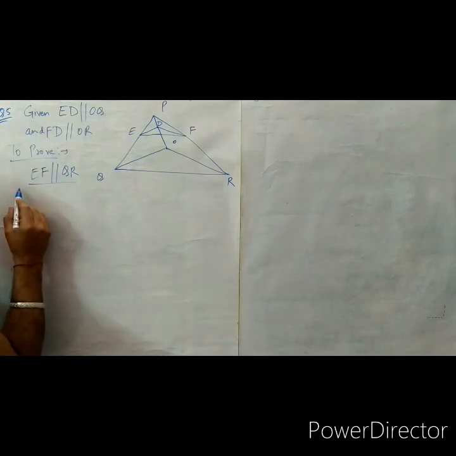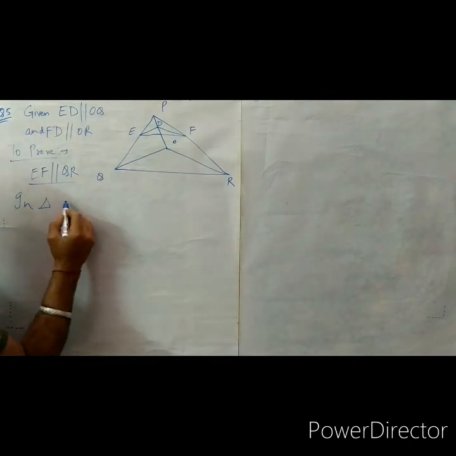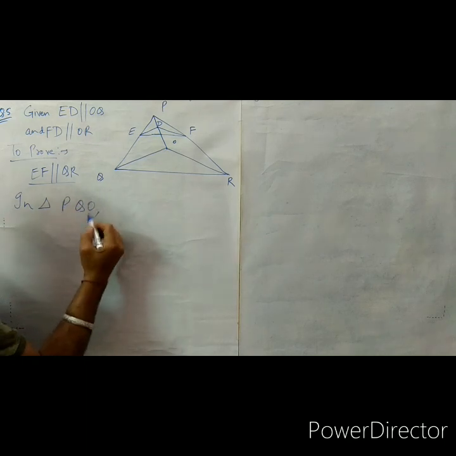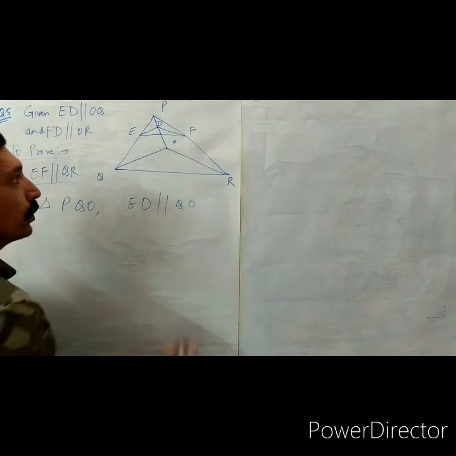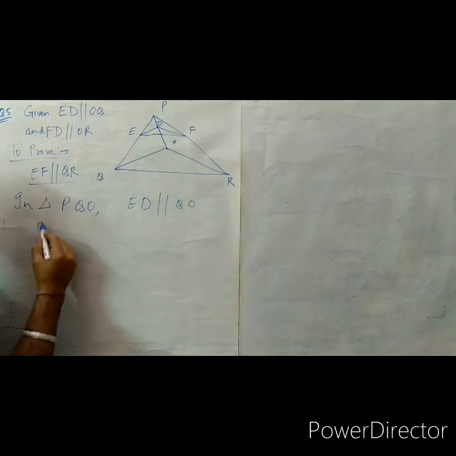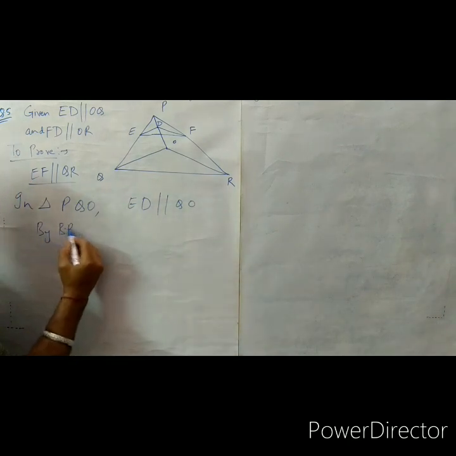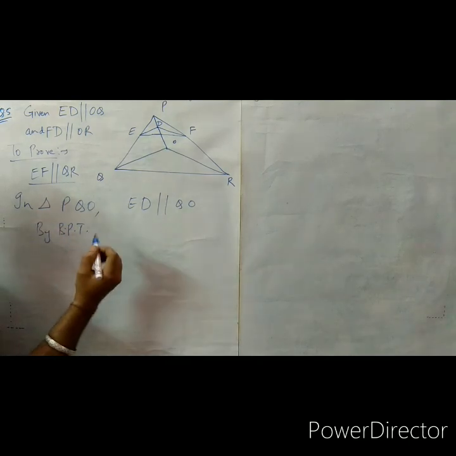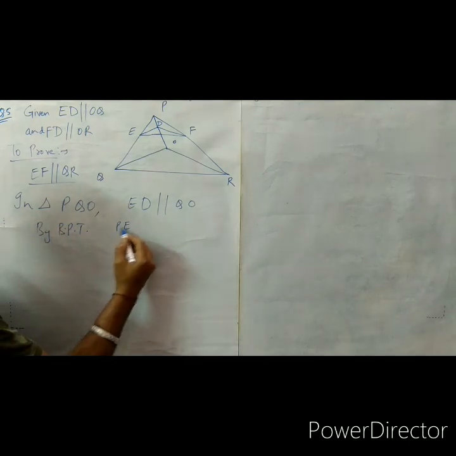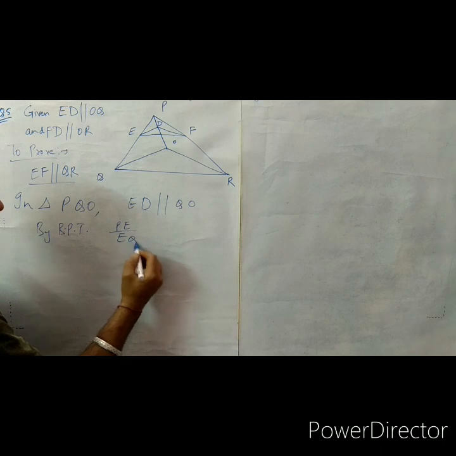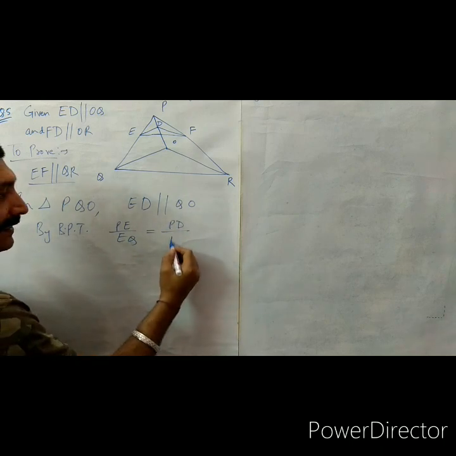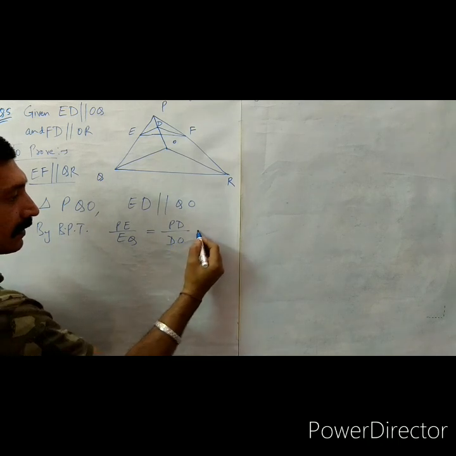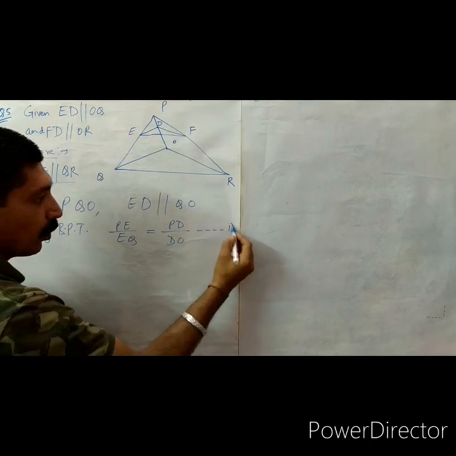So in triangle PQO, it is given ED is parallel to QO. So BPT, the basic proportionality theorem, says that PE upon EQ is always equal to PD upon DO. This is equation number 1.